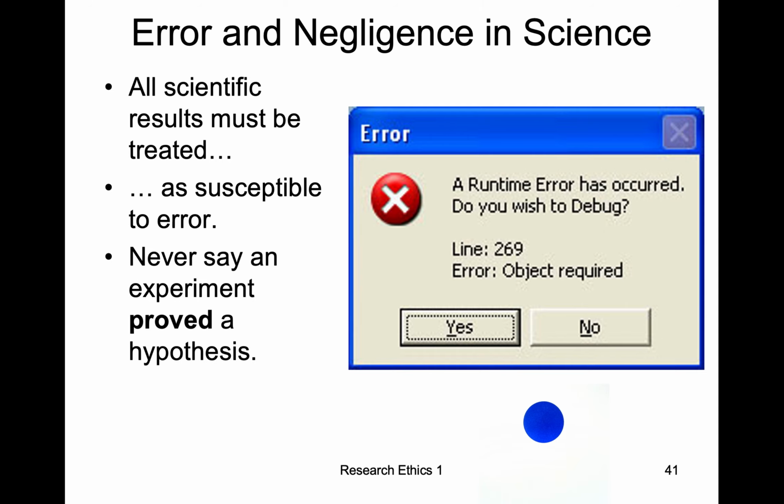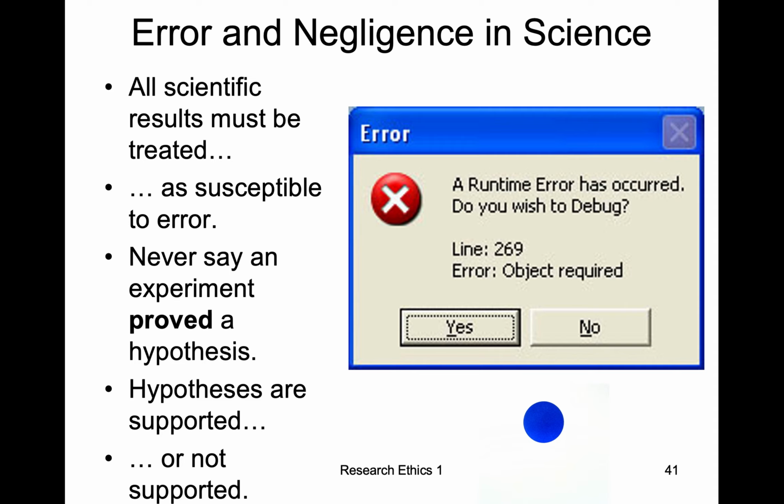So one of the things you never say in an experiment is that the experiment proved a hypothesis. That's considered an amateur error, a rookie mistake. Every once in a while, I'll be reviewing for a journal, and a researcher will say, experiment proved a hypothesis, and I know this is not a professional level article. So hypotheses are supported or not supported. You either find support for the hypothesis or you don't.